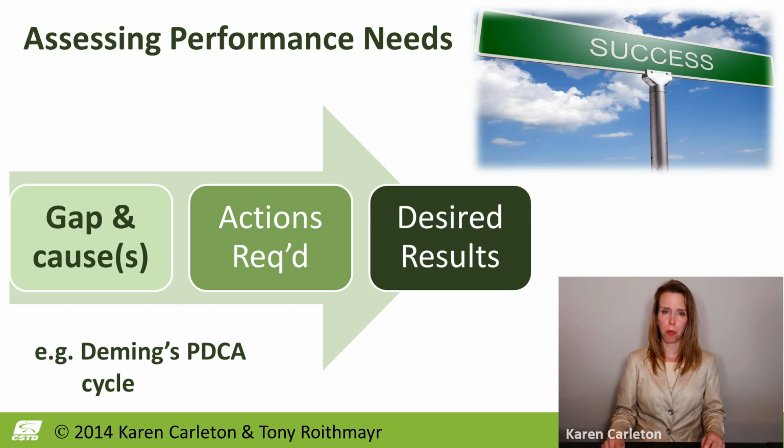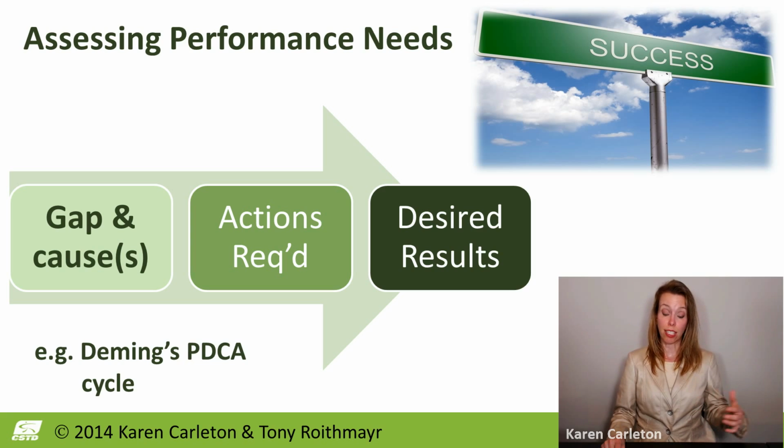So assessing performance needs really involves doing some research. Sounds a little dull. You could also just say studying a job or taking a closer look at workforce performance. Not only asking the employers, asking the employees, looking at the documents. So it's a very systematic process.